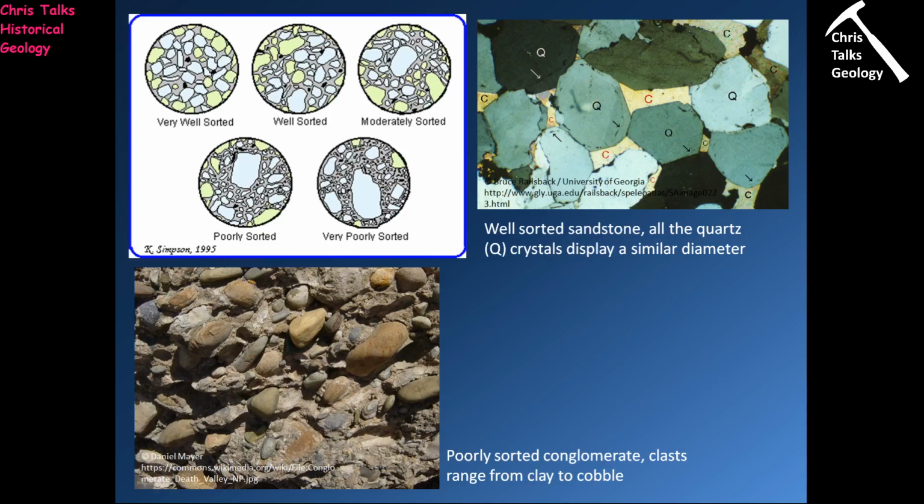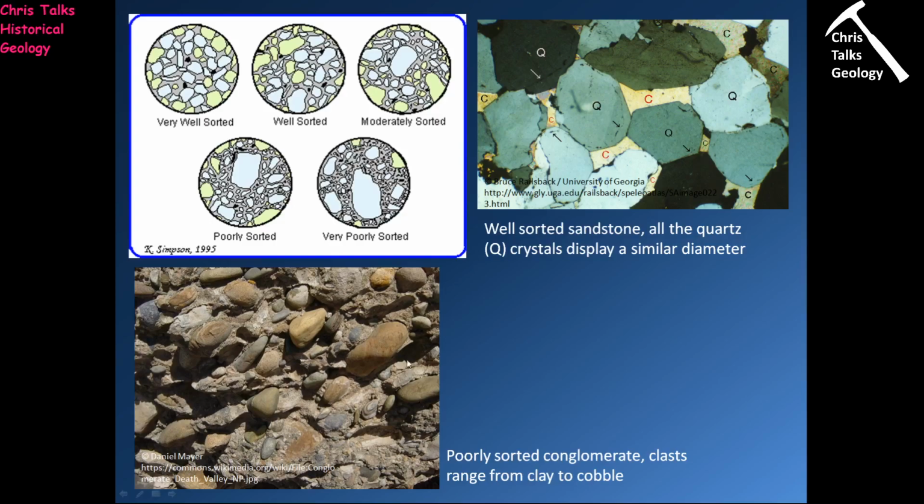Because once we know it's well sorted, then we can say, right, what environments would I expect to have a very sand-rich, well sorted sediment forming in? And once I know those environments, I can get rid of the environments that it probably wouldn't have formed in, and I can focus on those environments which are the most likely.